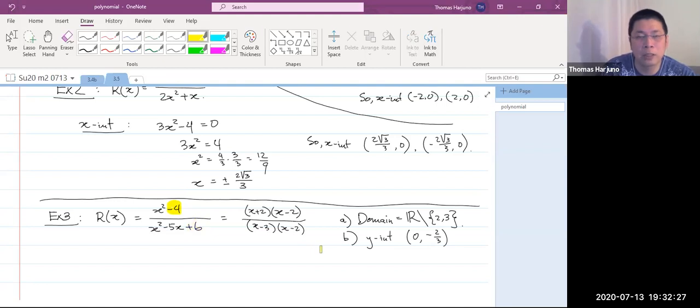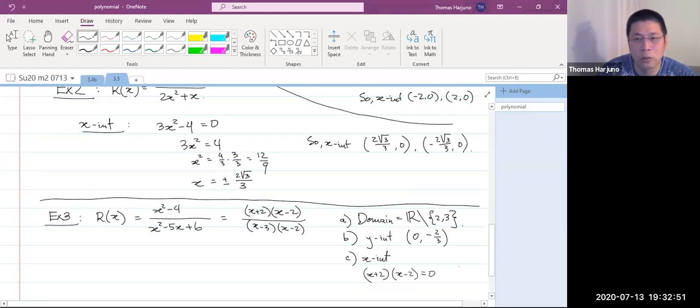How about the x-intercept? The zeros are, maybe I put this here, (x plus 2)(x minus 2) equals 0.